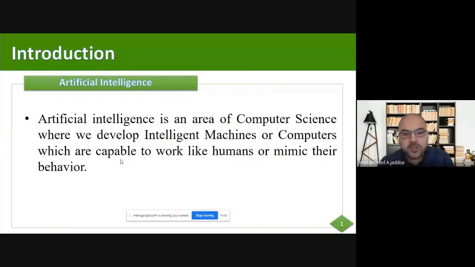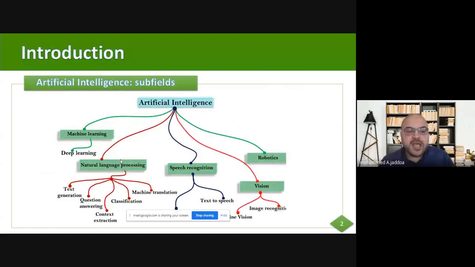Artificial intelligence has several subfields. It starts with machine learning, and apart from machine learning is deep learning. Deep learning involves hundreds of neural networks. Other fields used in artificial intelligence are natural language processing, mostly used in translation, and has many applications like text generation, question answering, context extraction, classification, machine translation.